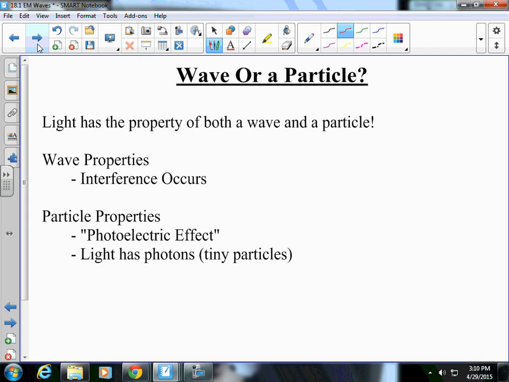I want to expose you to one piece of vocabulary. We've been talking about waves. Light can travel as a wave, and it can also travel as a particle. The one key word I want to expose you to is a photon. A photon is just a particle of light.